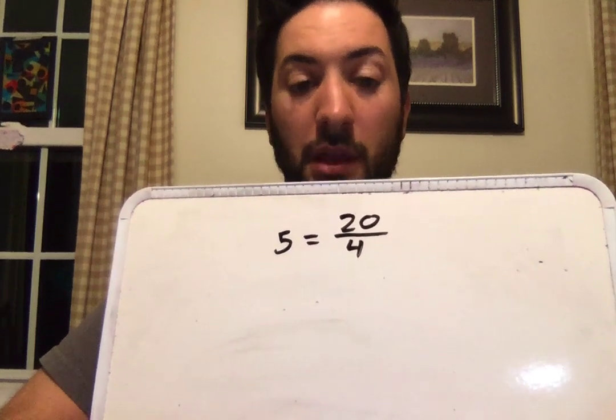Am I right? Yeah. Okay. Now let's say I make the bottom number bigger. Let's say I make it 10, okay? And keep the top number the same, 20.